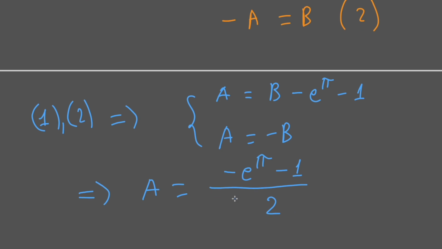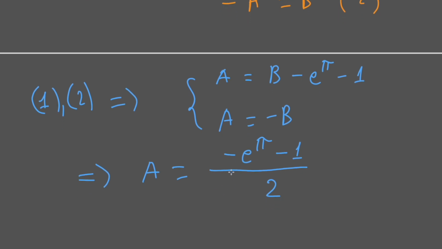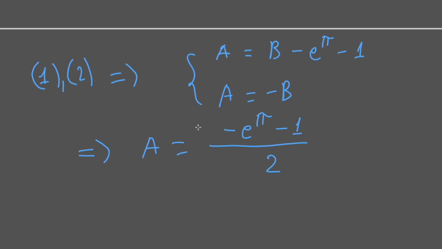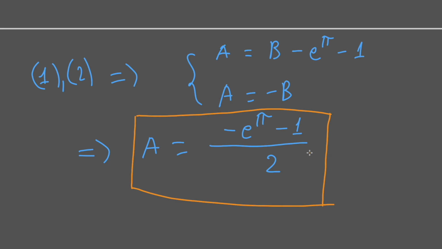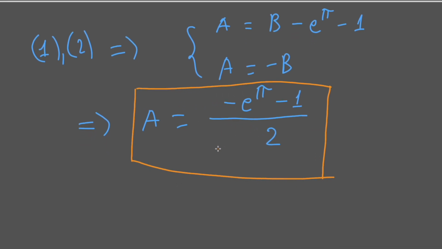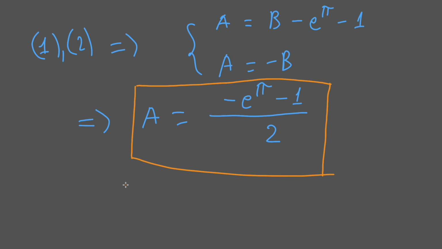So the value we need to find for the integral in the problem is negative (e power pi plus 1) over 2. And as an extra thing, we can calculate the value of the integral B. It's (e power pi plus 1) over 2. That is the extra thing we can do for this problem.